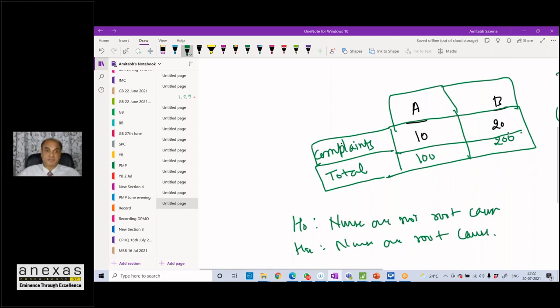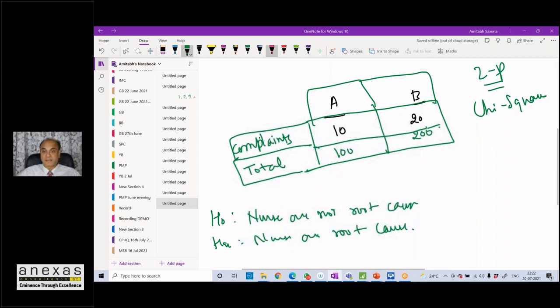Another way of putting this is, I can say the proportion of mistakes or complaints or pain by nurse A is equal to the proportion by B. And what is the suspicion? I think the proportion of mistakes, errors, delays, defects, here the pain complaints, in nurse A is less than nurse B. That is what I am trying to prove.